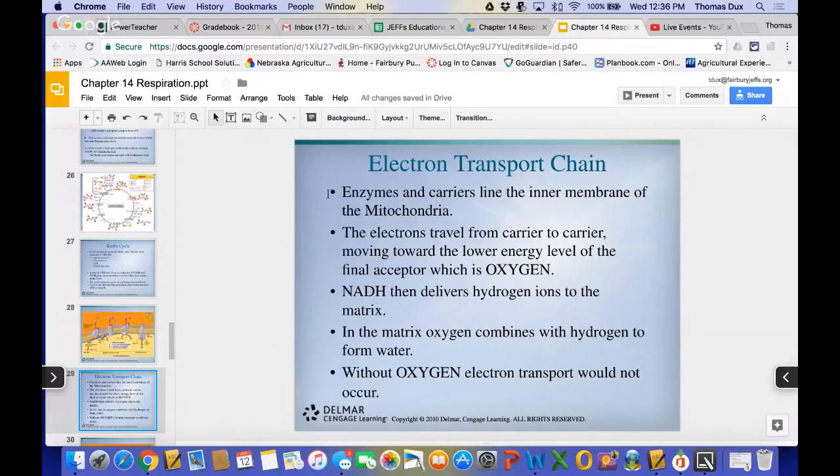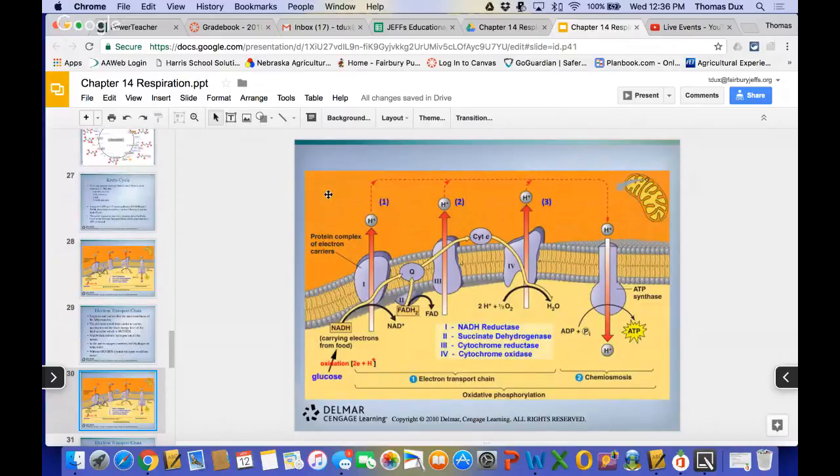That's why it's aerobic respiration, meaning oxygen is present. When hydrogen and oxygen come together, they have a big old party and make water. And without oxygen, the electron transport chain would not occur because that hydrogen would not be able to be accepted from the NADH here.